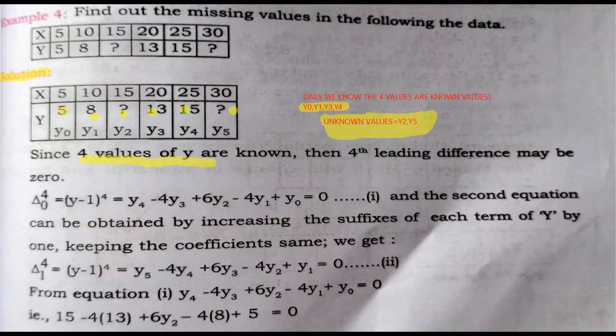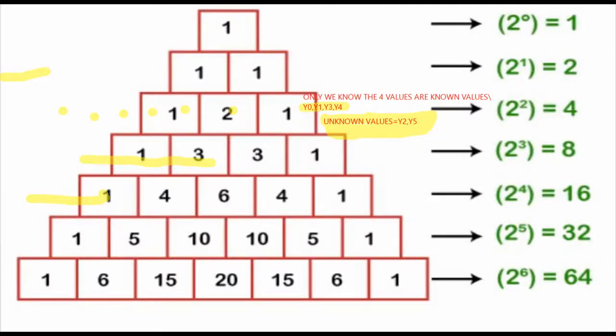Already you know, 4 known values means we have to write (y minus 1) to the power of 4. I have already told you that (y minus 1) to the power of 4 means this is the fourth power.